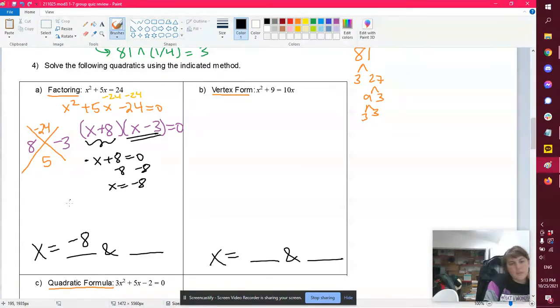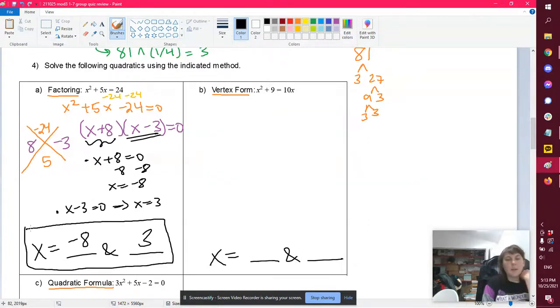And then also set the other factor equal to 0, and then get my 2 answers from that. You might notice that we can set these equal to 0 and solve, or when there's no number out front, it's just the inverse of this. If this is x minus 3, this is a positive 3. If this is x plus 8, this becomes a minus 8.